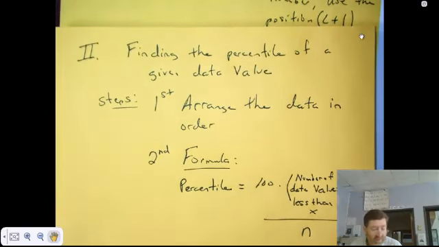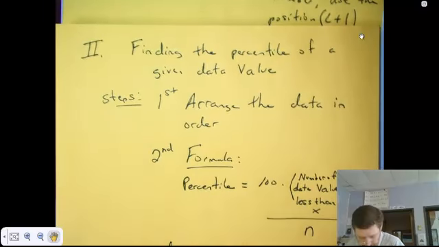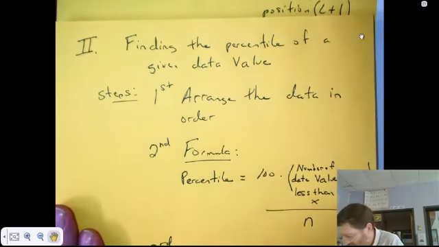So what you're going to do is find what data value you have, count how many values are less than x, add 0.5 to that, take it times 100, divide by n. And the third thing you're going to do is round to the nearest whole number.